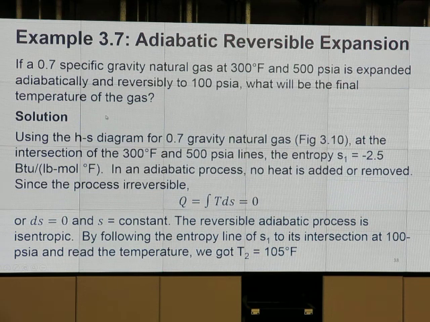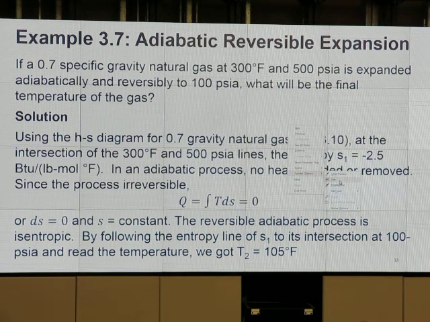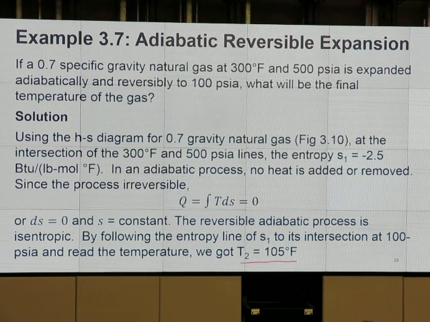What is the final temperature? And is it going to be hotter or cooler when we expand it? Typically, is it going to be hotter or cooler? Kind of cooler. Okay. Because the solution here says 105, but we entered at 300, so it's cooler.